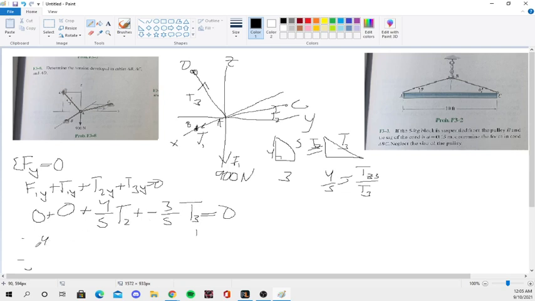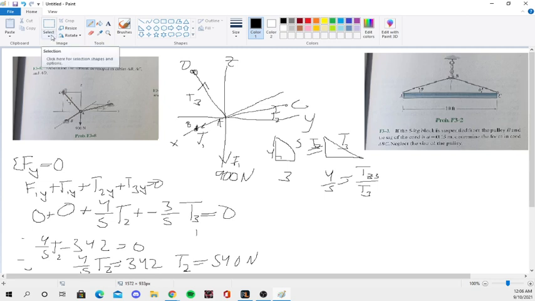So this is 4/5 T2 minus 3/5 of 720, which is 432. So 4/5 of T2 equals 432. If you plug this in your calculator, multiply by the reciprocal, T2 is going to equal 540 newtons. So that is for our AC cable, tension 2.